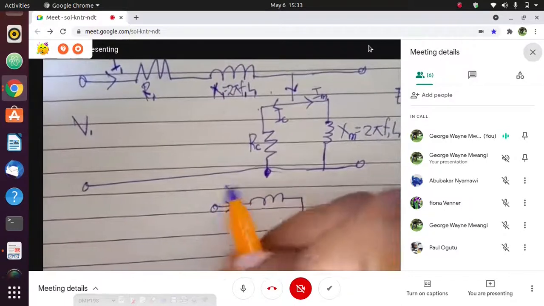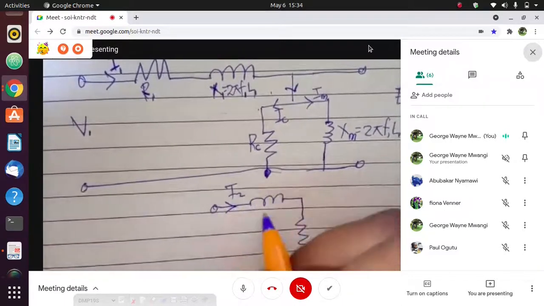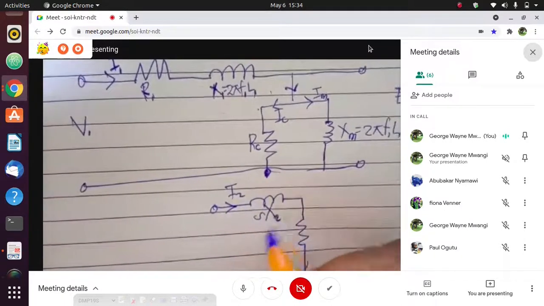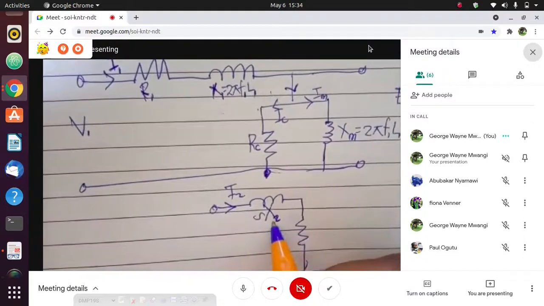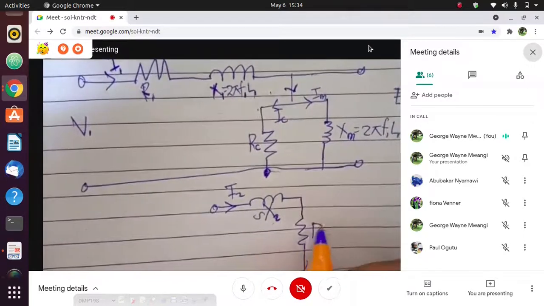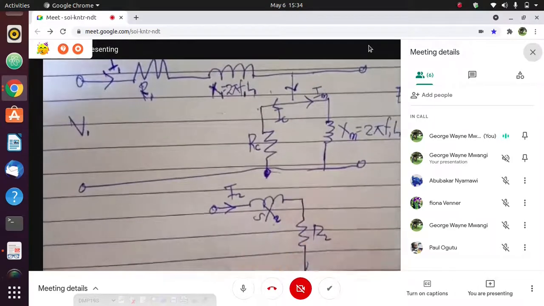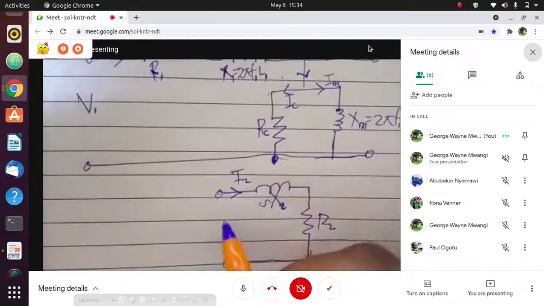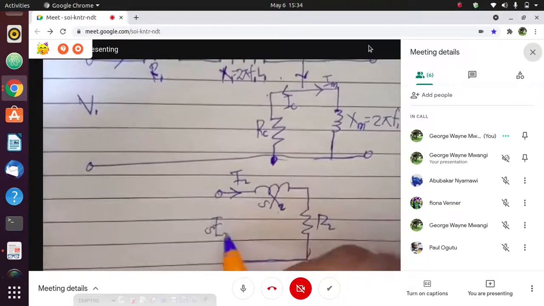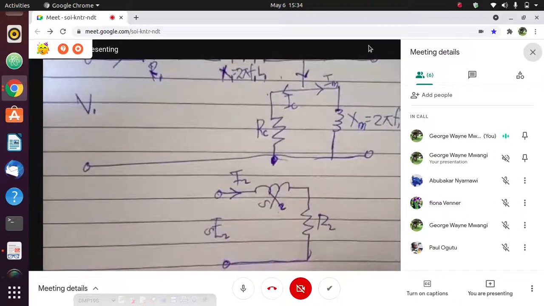We have the current I2 in the rotor, we have the reactance in the rotor at slip, we have the resistance in the rotor, and we have the induced voltage in the rotor, which is given by SE2.